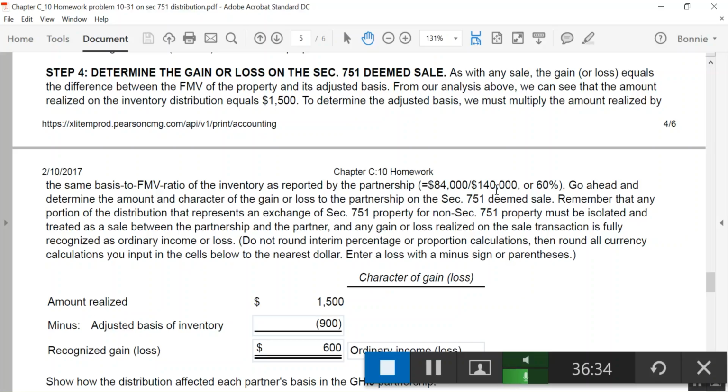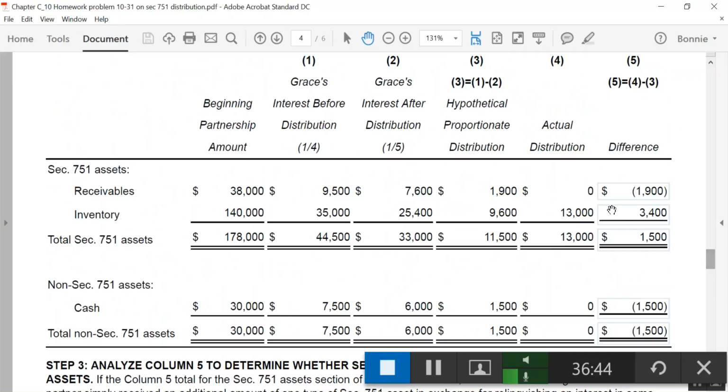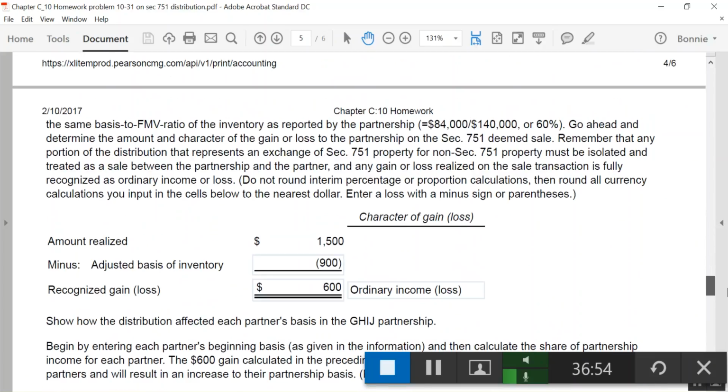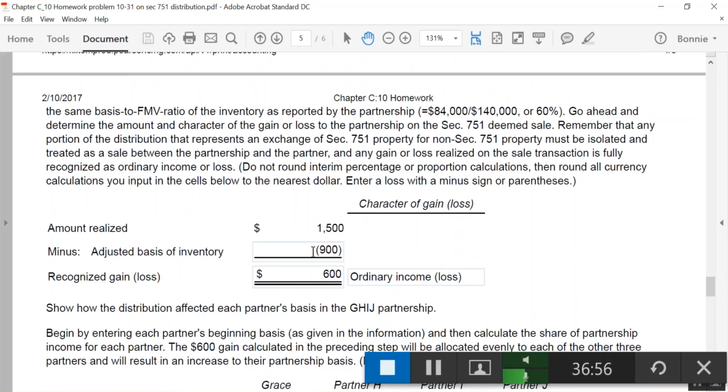Because remember, not all the inventory was given up in this deemed sale, but we're trying to figure out the basis of the inventory that was given up. All of the figures up here in the table are in fair market value, and we need to determine basis. So we multiply the 1,500 by the 60%, and then we get $900. So 1,500 minus 900 is 600.